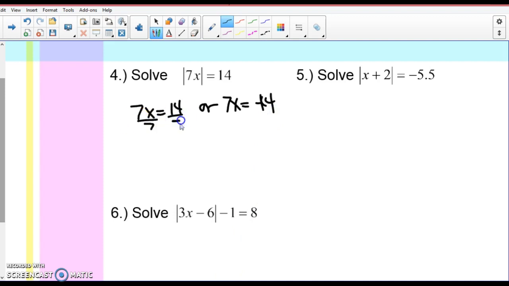Divide both sides by 7, x could be 2. Divide both sides by 7, x could be negative 2. Okay. Is number 5. Is the absolute value isolated already? Yes, it is. So, who can give me my equations that I would write to solve this?